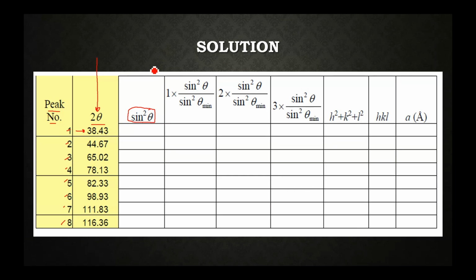What is the sine square theta value for the first peak? 0.1083. It's essential that you find the values up to at least 4 to 5 decimals.